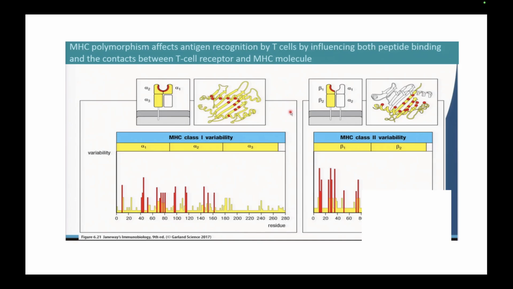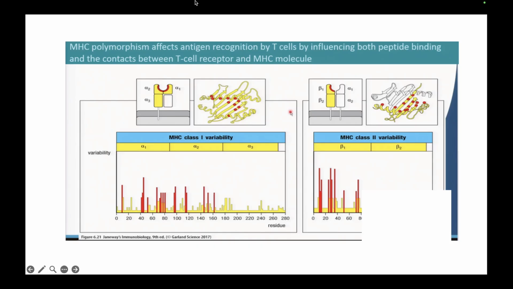We are able to see the variety of genes in this cleft only, where the antigen binds. As alpha 1 and alpha 2 are responsible for making the cleft for peptide binding, the variability is highly present in alpha 1 and alpha 2 only, not in alpha 3. Alpha 3 has to bind with the CD8 molecule present on the T cells.